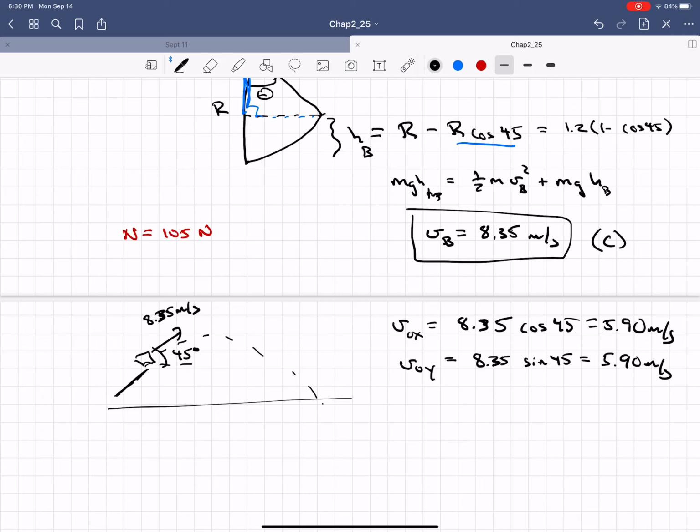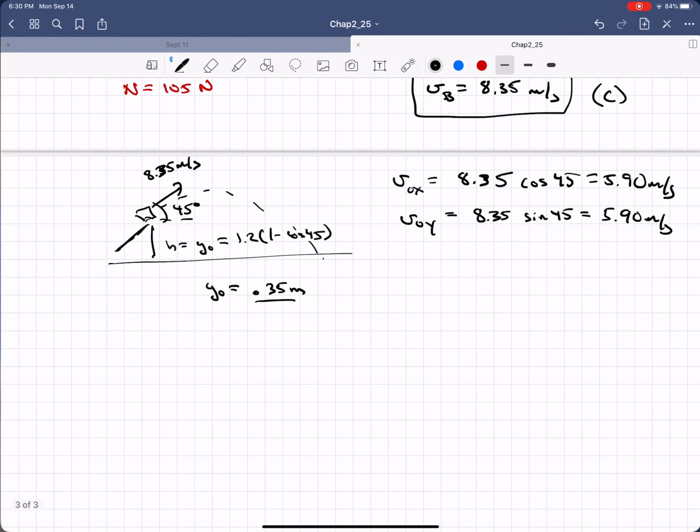And this height, again, which we'll call the initial y value, is 1.2 times 1 minus cosine of 45. And that height works out to be 0.35 meters.